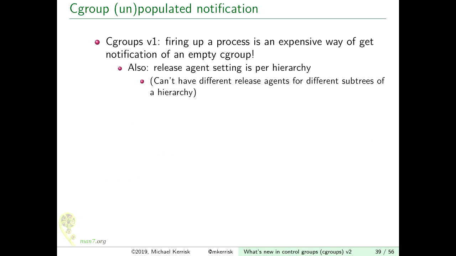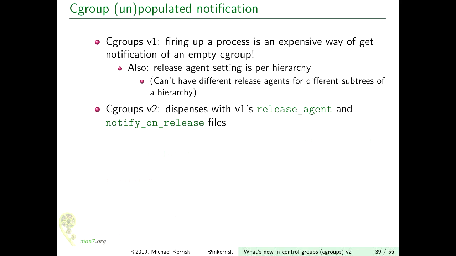This is expensive. Also, another limitation of this mechanism is you could only have one kind of program being used as the notification program for the entire hierarchy. You couldn't have different notification programs being used for different parts of the hierarchy, which could be useful from a container perspective.